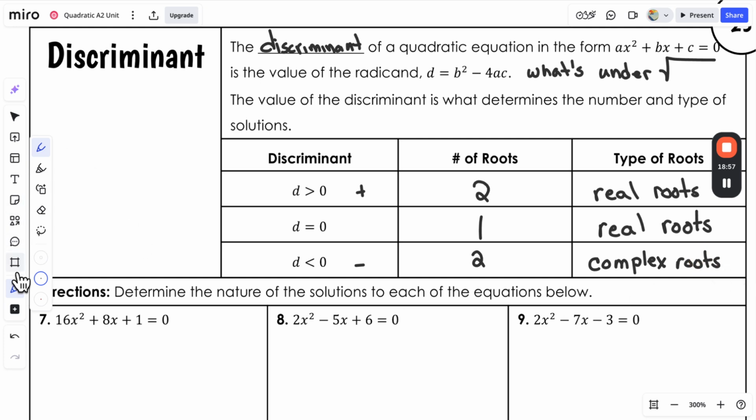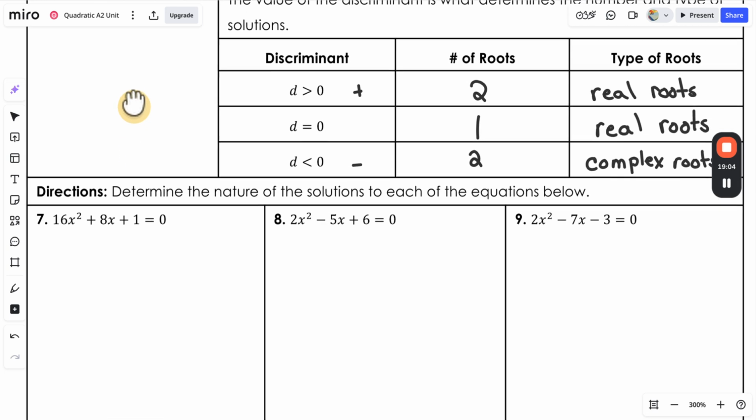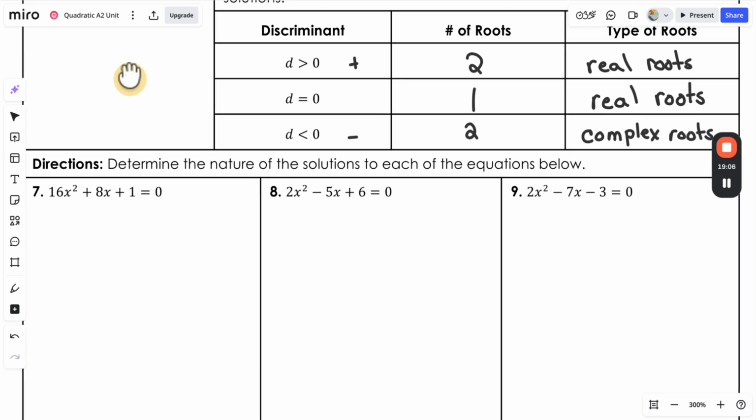Okay, so let's try this out and see how quickly and easily it goes, because it doesn't take long at all to be able to see how this works. All right, the discriminant is simply the part under the radical, so it is the b squared minus 4ac. So we take b, which is 8.